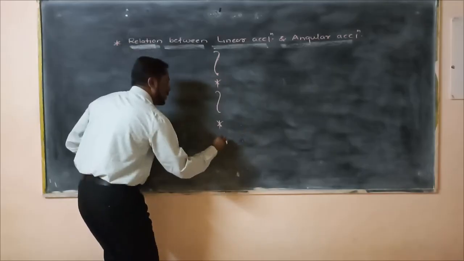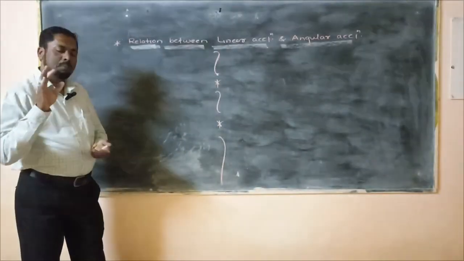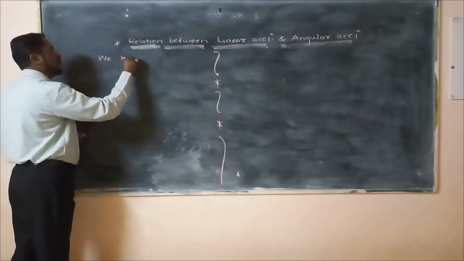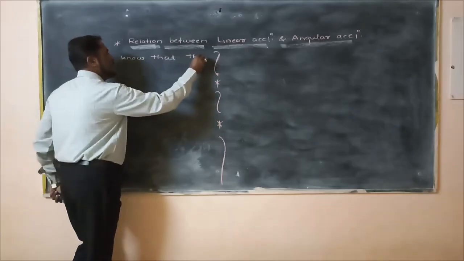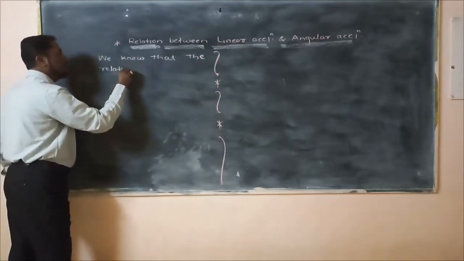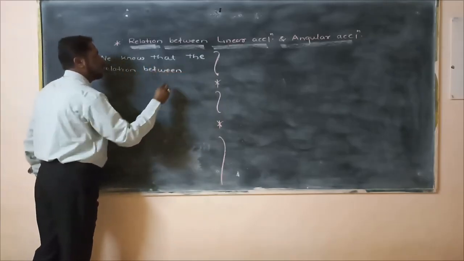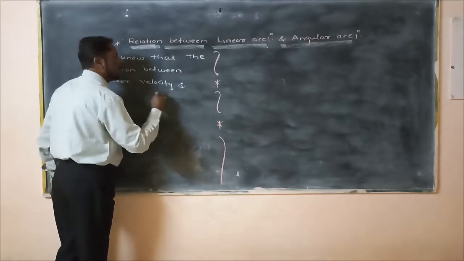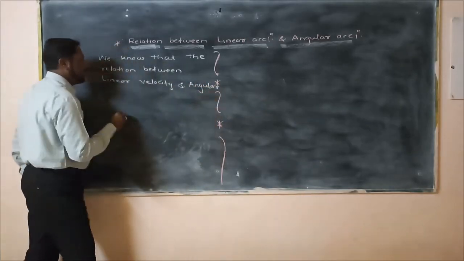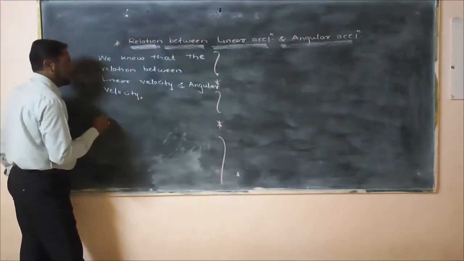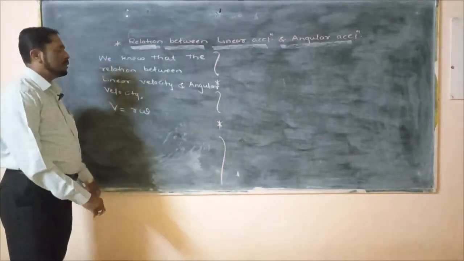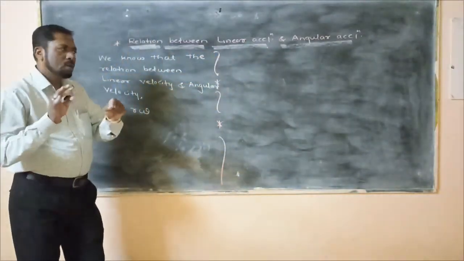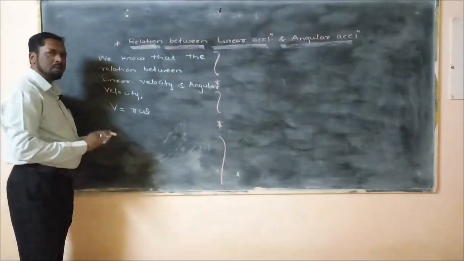To obtain the relation between linear acceleration and angular acceleration, the simplest way is this: we know the relation between linear velocity and angular velocity, that is v is equal to r omega.